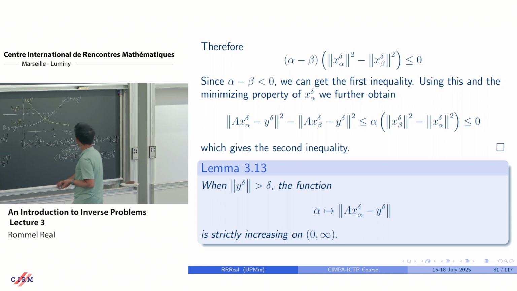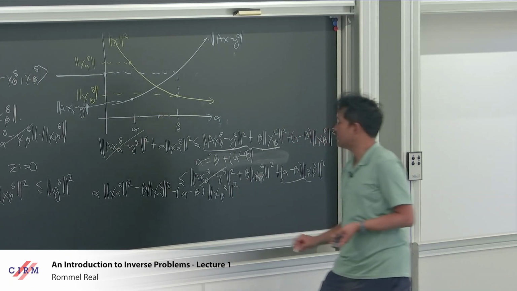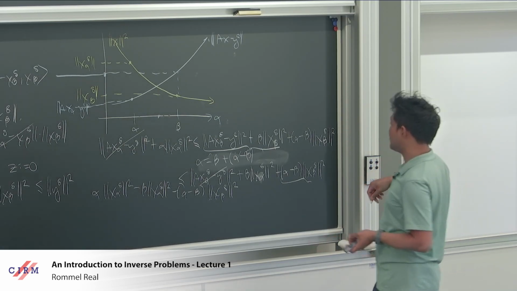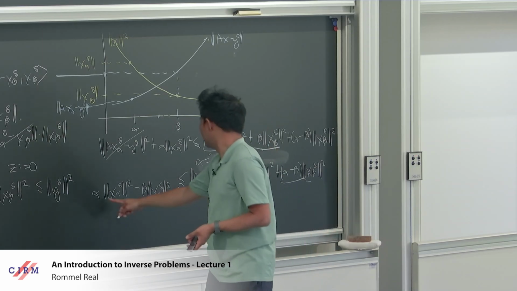Okay, so it's like you have this one. Square minus alpha minus beta times x beta delta square. And then by simplifying that one, that will lead you to this.